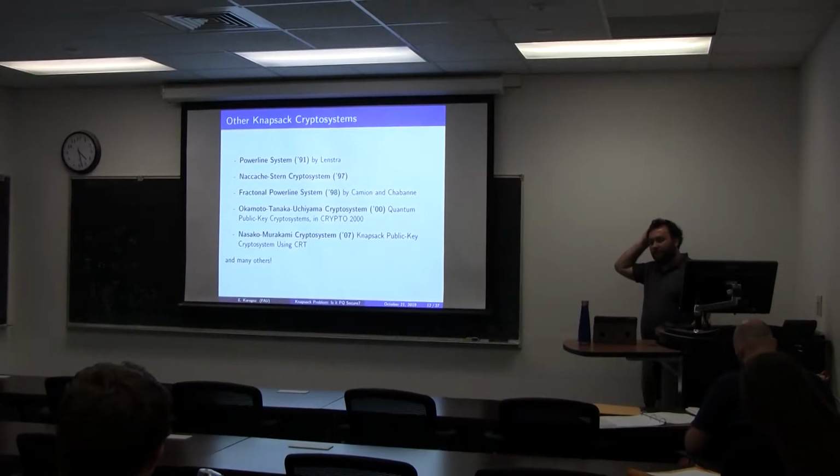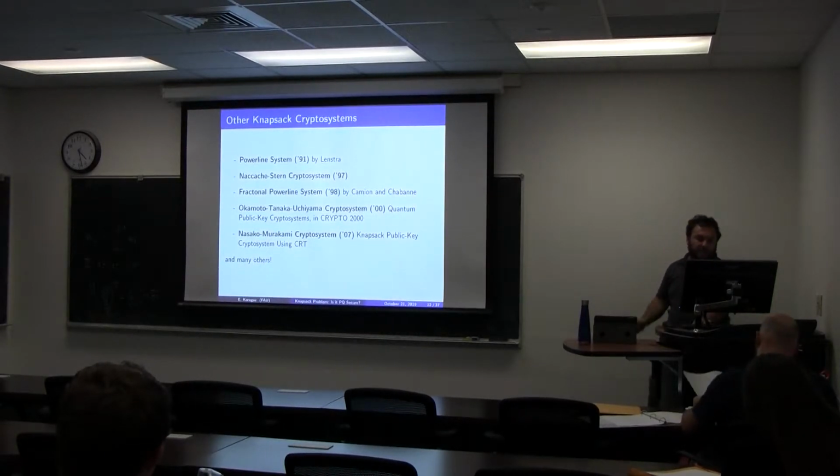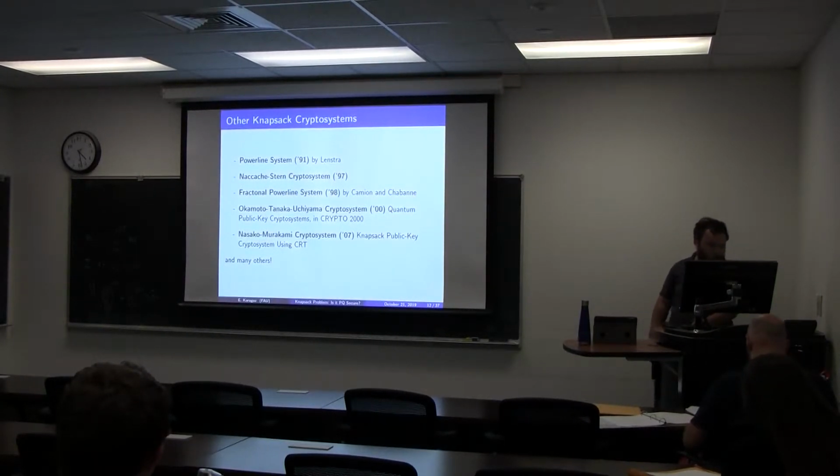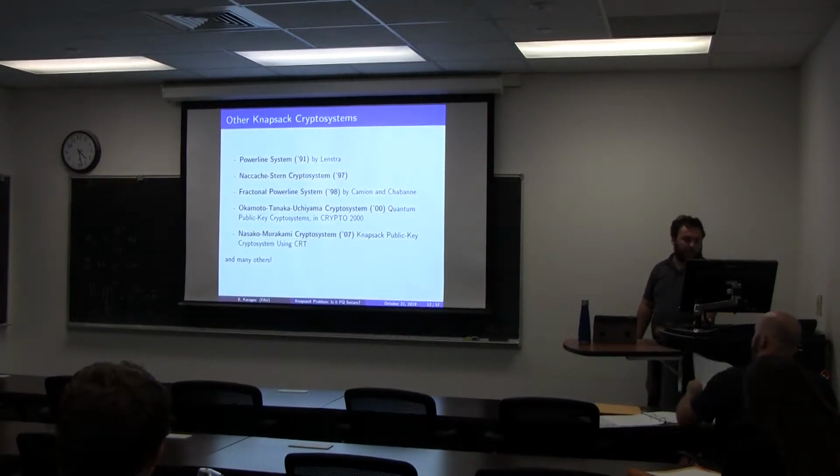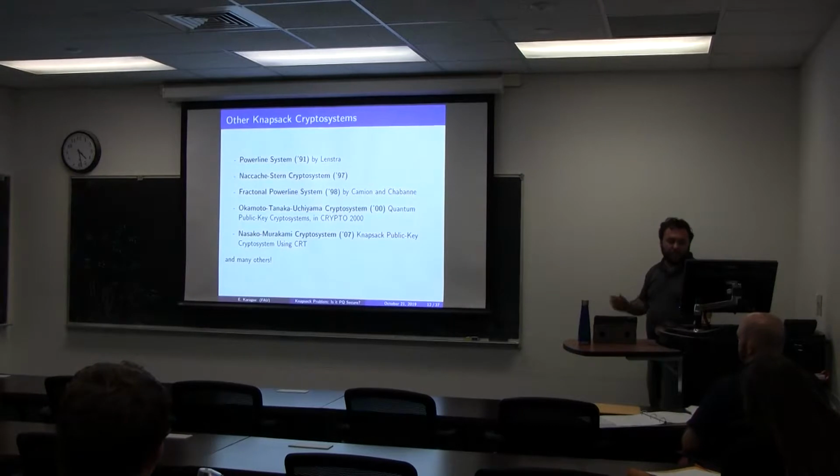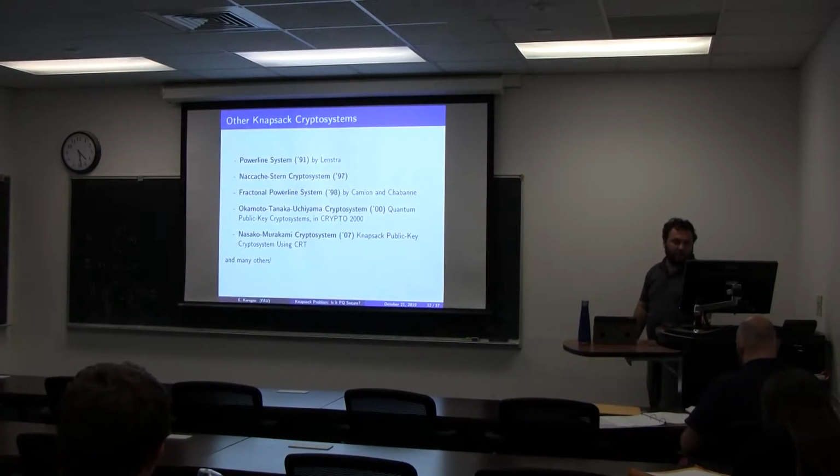They use number fields, and they use the knapsack problem in number fields, and they say this is a quantum safe crypto system. And another in 2007, the Murakami crypto system using CRT. There are also many others, but all of them are based on the knapsack problem. The security is based on the knapsack problem.